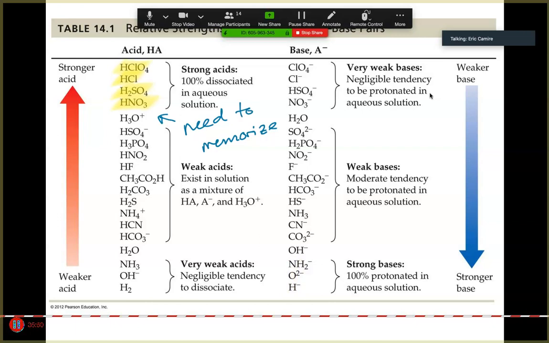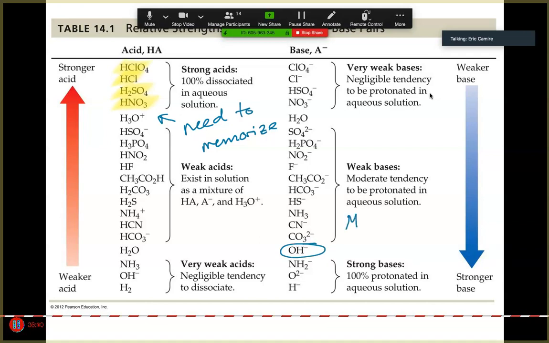The reason for that is you will come back again in organic chemistry, and you're going to do a lot with acid-base chemistry that goes a little bit deeper than what we're doing in Gen Chem. So for us, what I want is just hydroxide, and there's going to be a caveat to this.